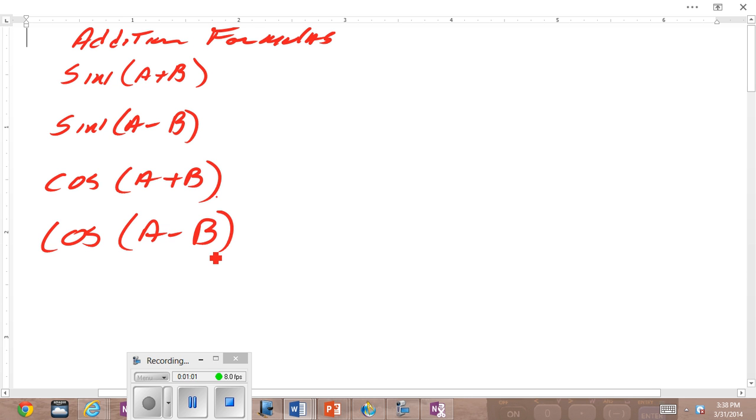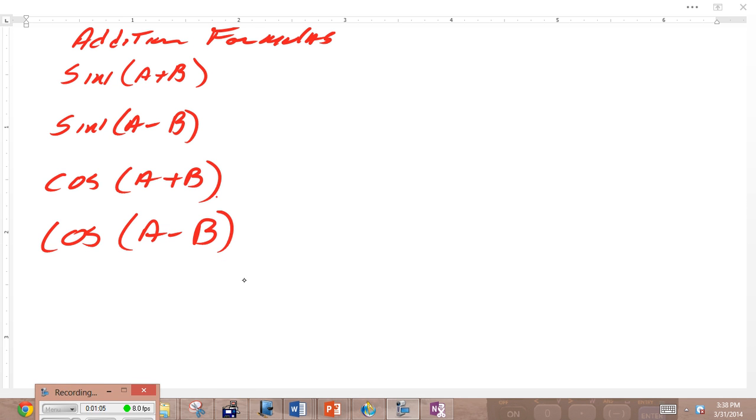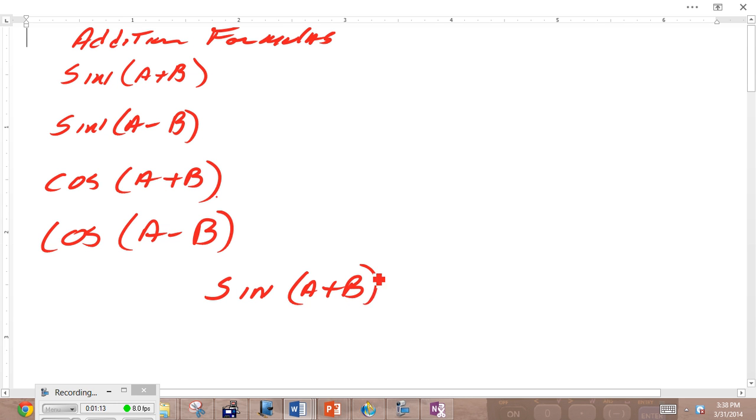Now, one thing for sure, and we'll actually illustrate this with an example: you can't imagine that it's going to be as simple as to say the sine of a plus b is equal to the sine of a plus the sine of b. That just seems a little bit too simple, doesn't it? You'd like to think so, but I'm going to tell you it's not.